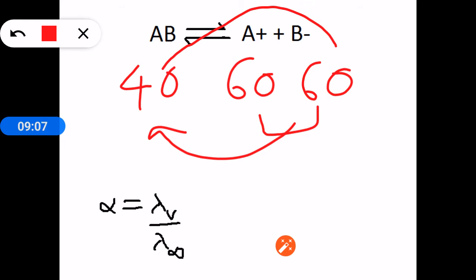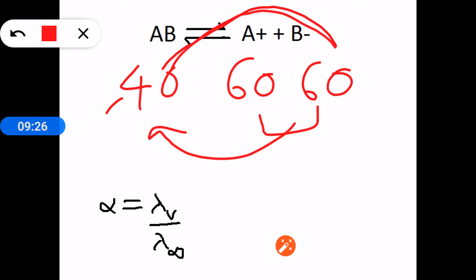Or 2 or 3 A plus and B minus ions combine to give AB, and at the same time 2 or 3 which remained undissociated may undergo dissociation to give A plus and B minus.